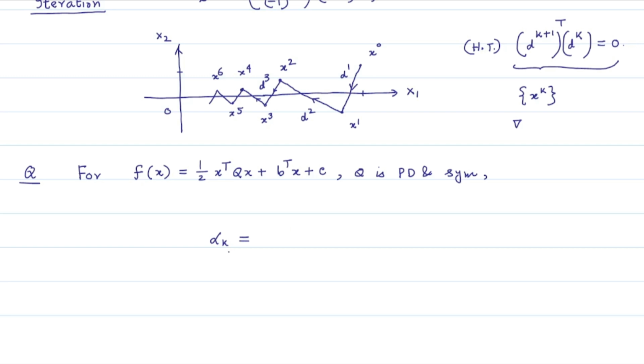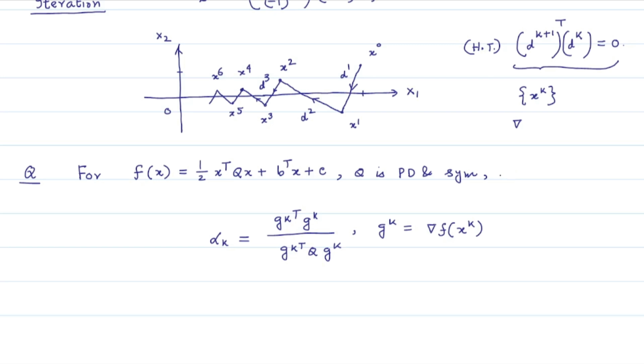You will find that the step length given by the exact line search for this quadratic function is alpha k equal to gk transpose gk divided by gk transpose Q times gk, where gk is a common notation in optimization theory which represents the gradient. This g is for the gradient of the function f at xk.